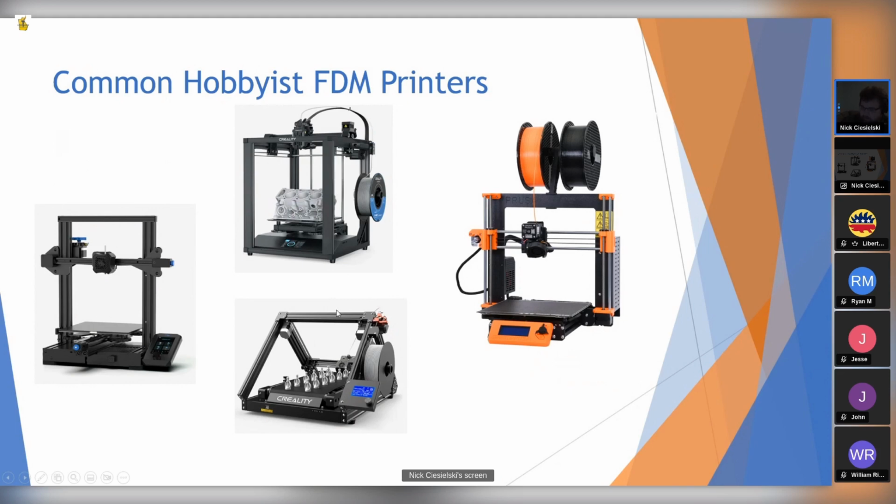This Creality one, their CR30, is interesting because they call it sort of an infinite Z. And if you see, the print head is on an angle here. So it's printing and it's moving down the bed, allowing you to get massive prints as long as you want and as long as you can make it continue going.